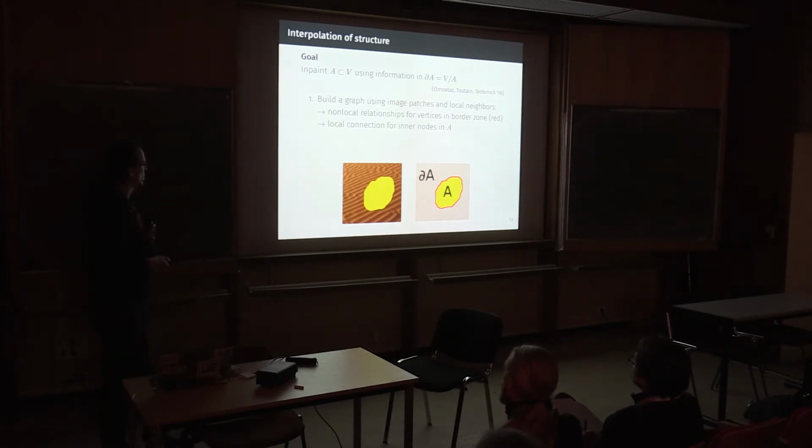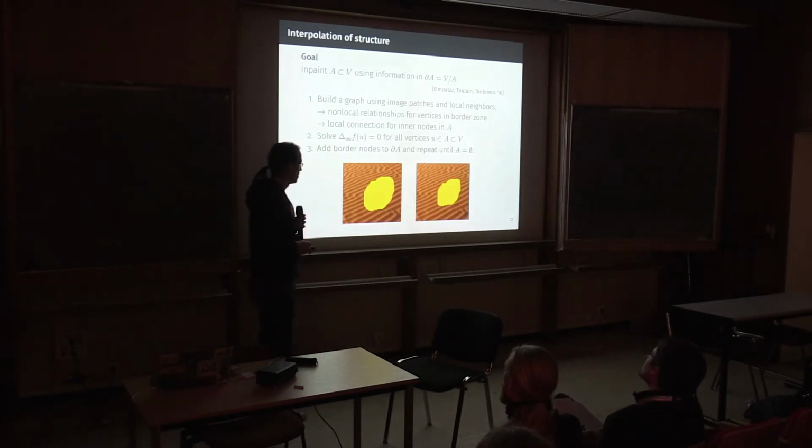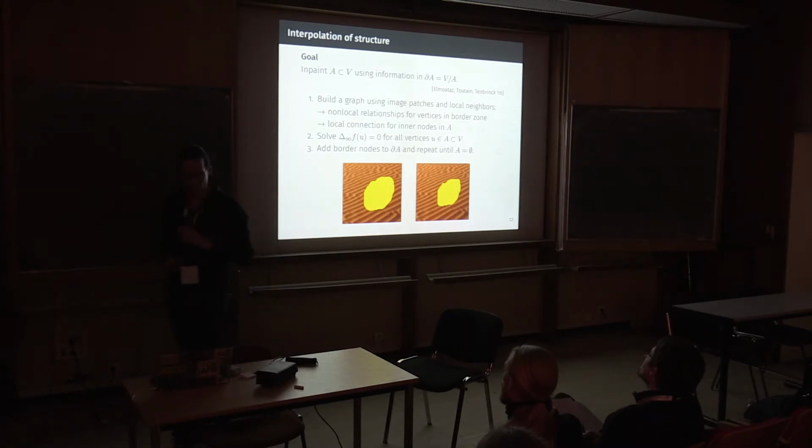And we look at all pixels that lie on the boundary of the unknown set. We solve the infinity Laplacian and we inpaint these here on the boundary. And we repeat that, and then the unknown area is shrinking, shrinking, and shrinking.